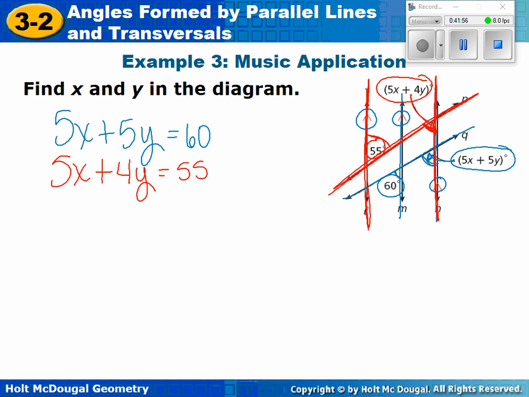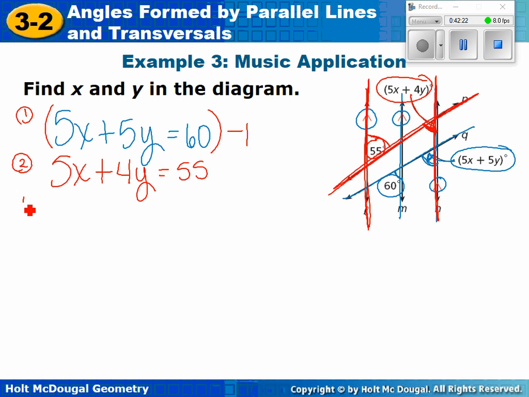And then you get to choose, would you prefer elimination or substitution to solve? What do you think is going to be easier here? I would agree, elimination. Which variable do you want to eliminate? X. It's already got a 5 in front of both. So what do we only need to do? Multiply one of them by a -1. I'm going to multiply the top one by a -1.